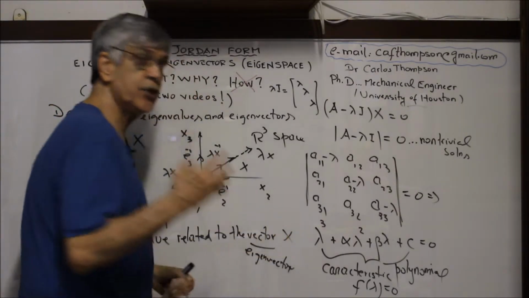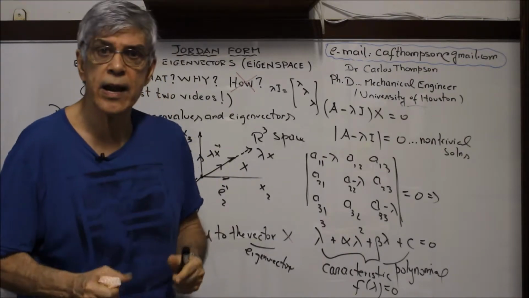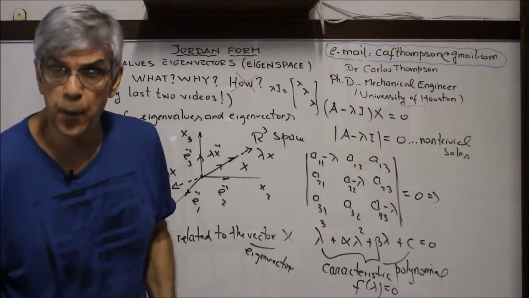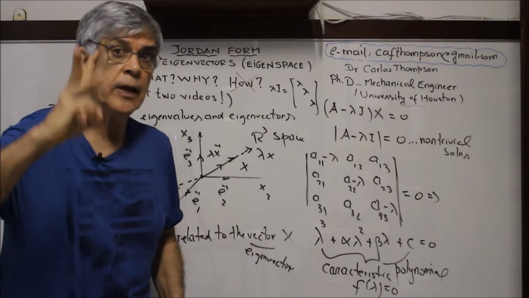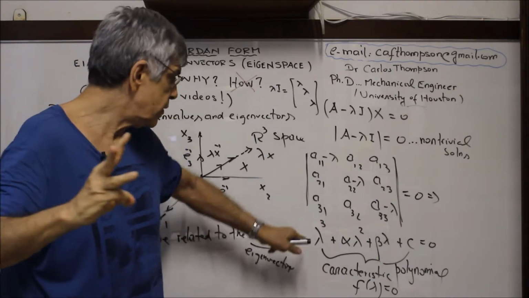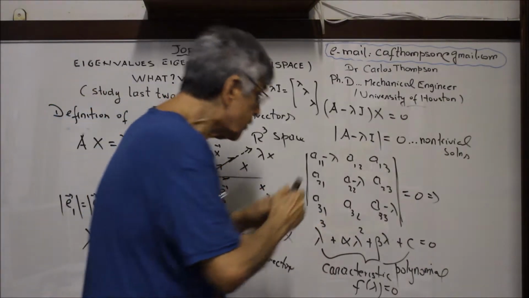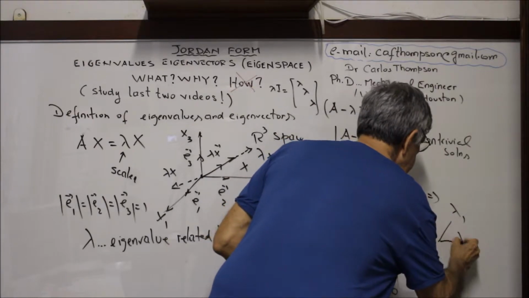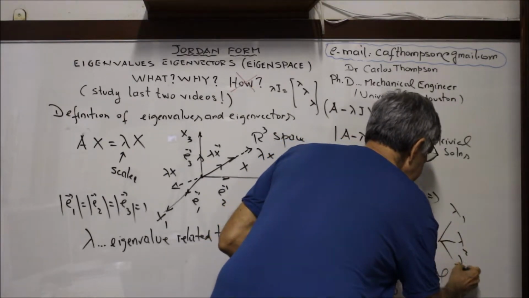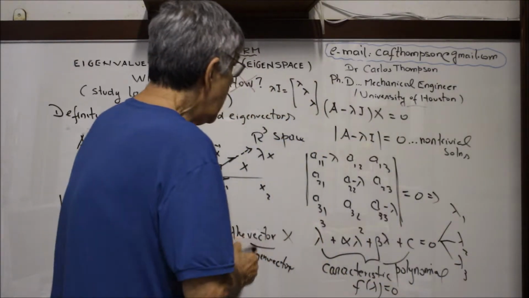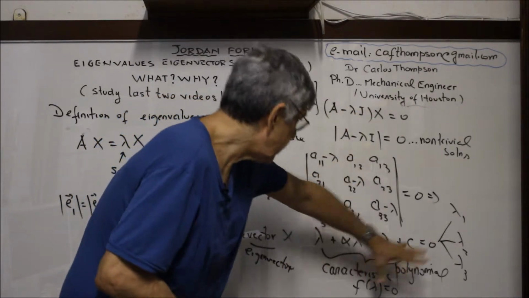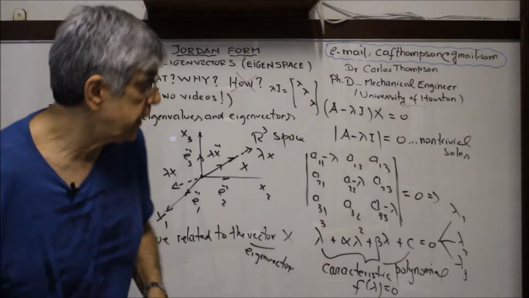Now, in general, suppose I have the solution of this characteristic polynomial. Suppose I have 3 different real values: lambda 1, lambda 2, and lambda 3.